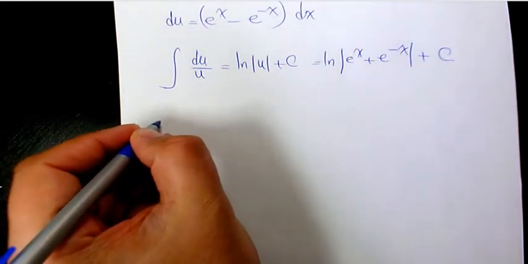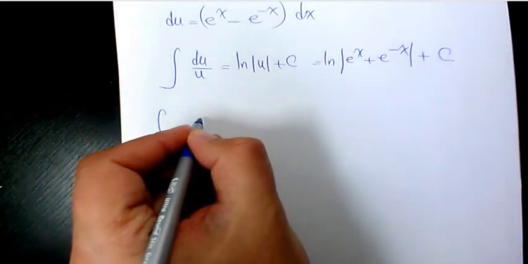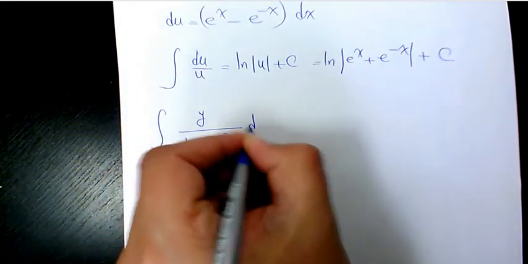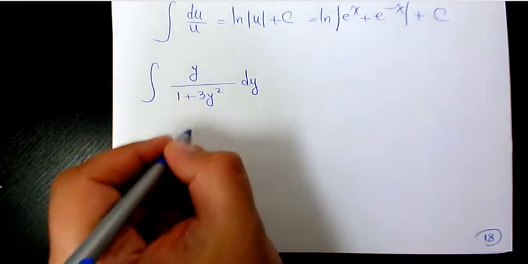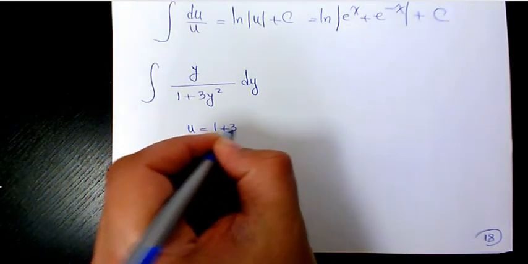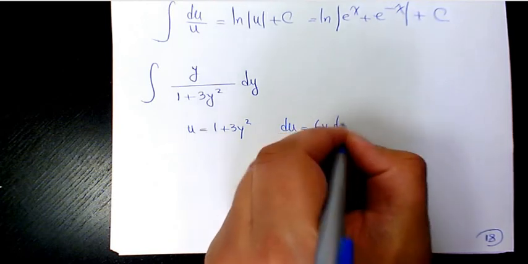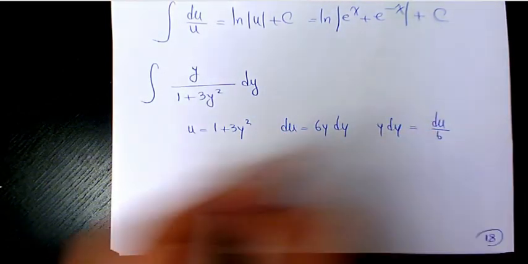Next example. y over 1 plus 3y squared dy. In this example, I'm going to consider u as 1 plus 3y squared. du is going to be 6y dy. It means that y dy is du over 6.